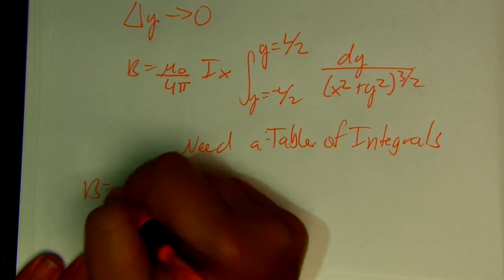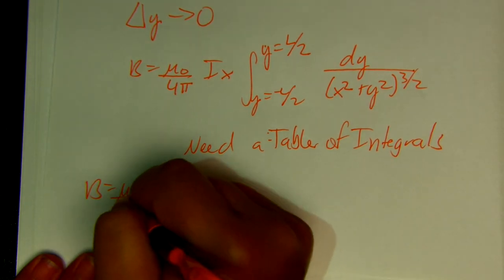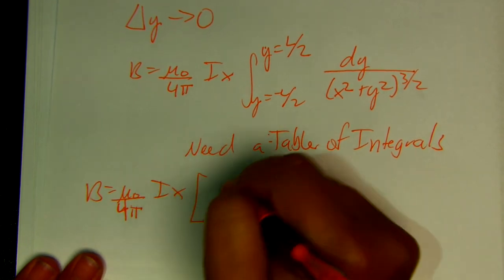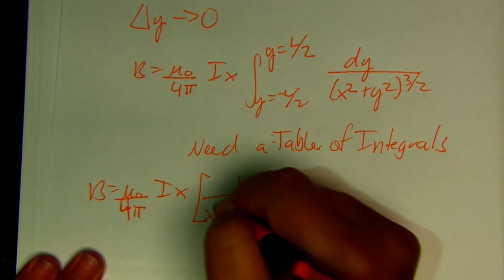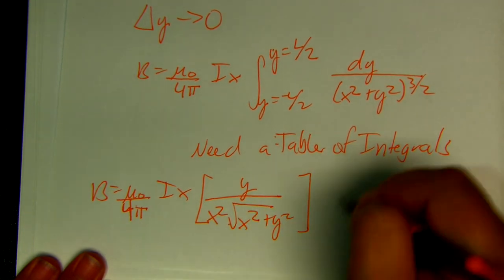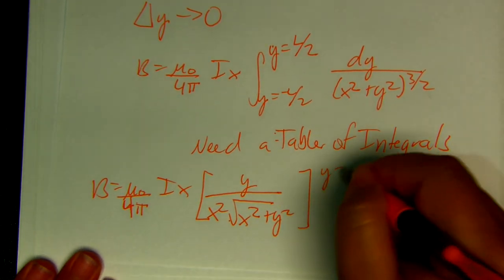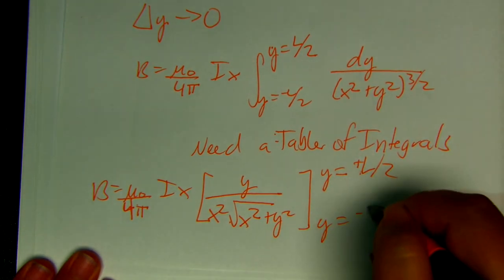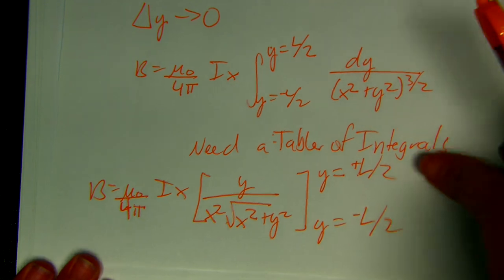So we have B is equal to mu naught over 4 pi, I x, y over x squared times the square root of x squared plus y squared, evaluated from y equals minus L over 2 to y equals plus L over 2.